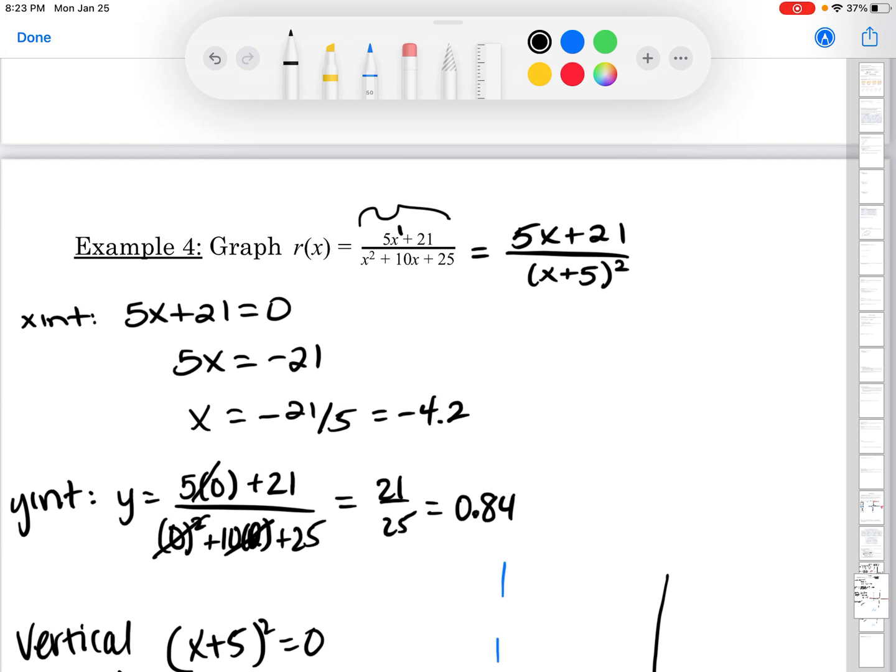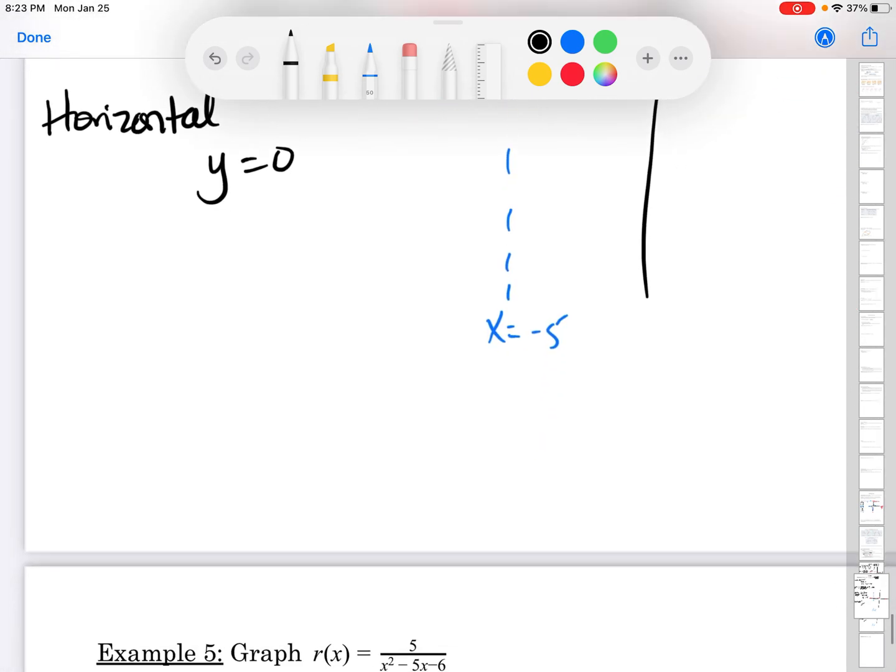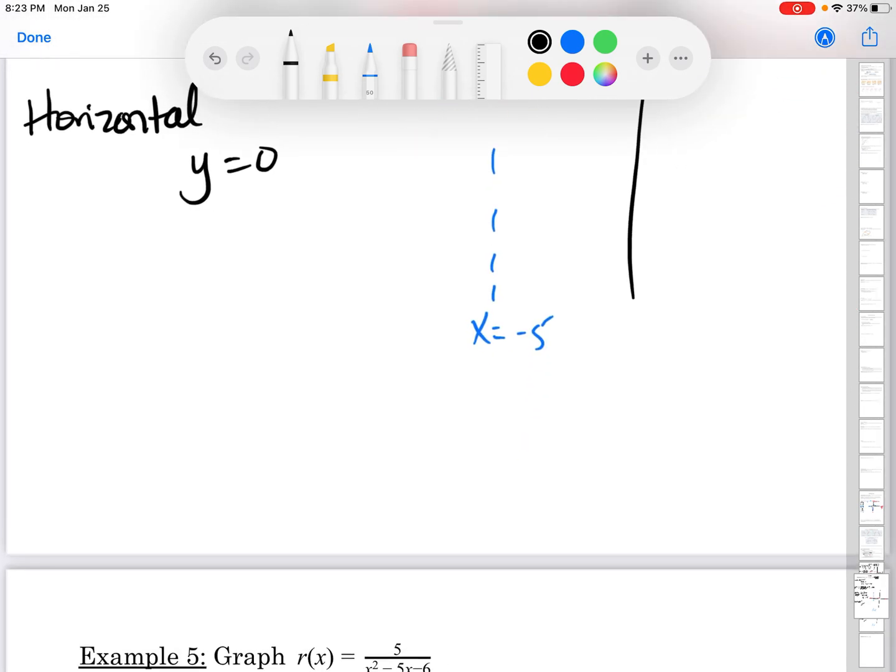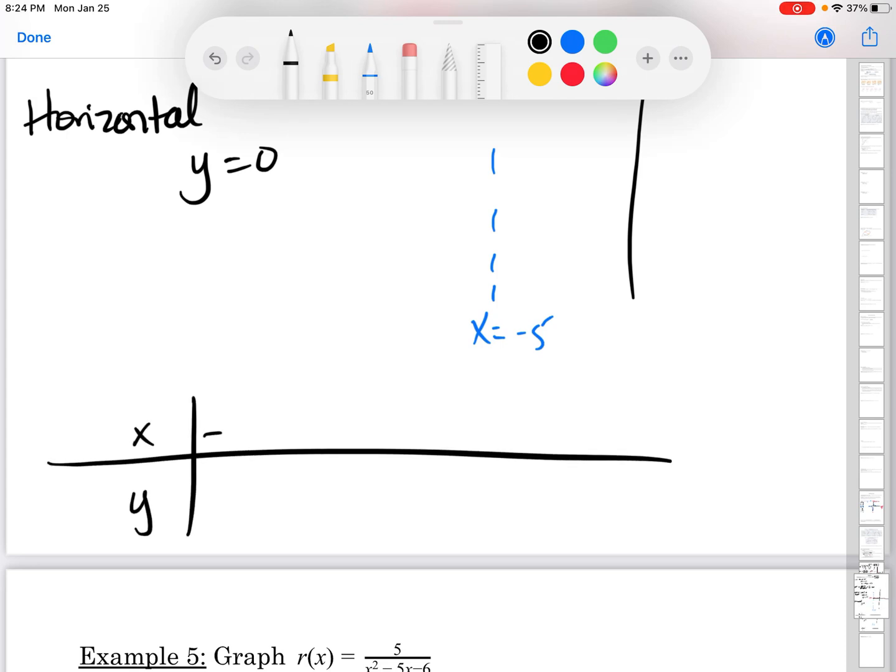So this is going to do something a little bit strange. As you start to look at our table, let's make a table here. We need some negatives. Let's put in x and y: negative 8.5 is going to give us negative 1.76.